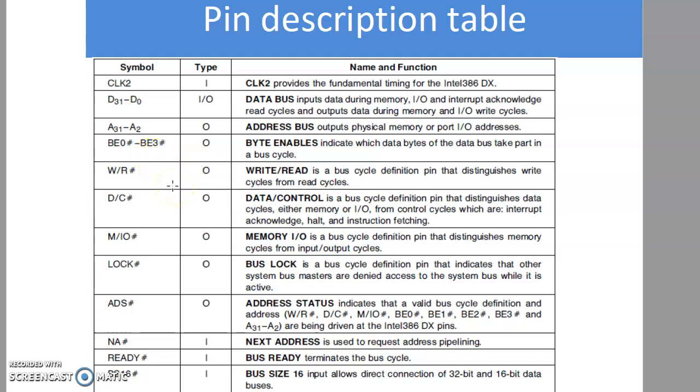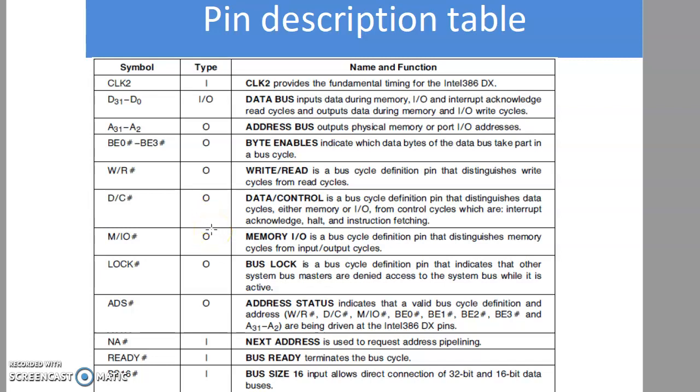Then you have W slash R bar. Write slash read is a bus cycle definition pin that distinguishes write cycles from read cycles. It means when it is 1 it is a write cycle, when it is 0 it's a read cycle. Similarly, D slash C bar is data slash control, which indicates whether a data or control signal is being activated.